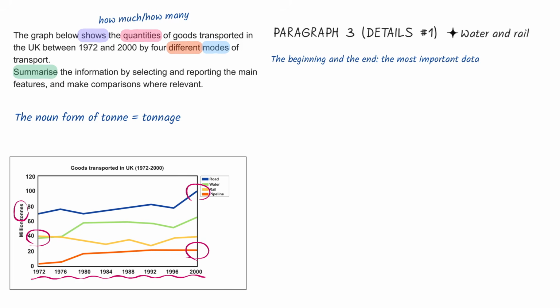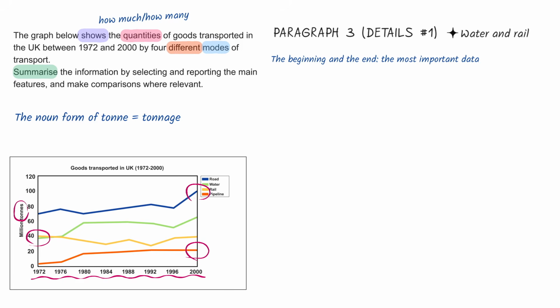The beginning and the end are the most important data that you should write in your paragraph 3 and 4. And the exact data of these two periods, the beginning and end, should also be mentioned.